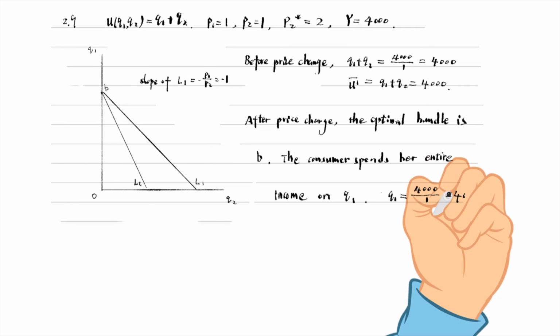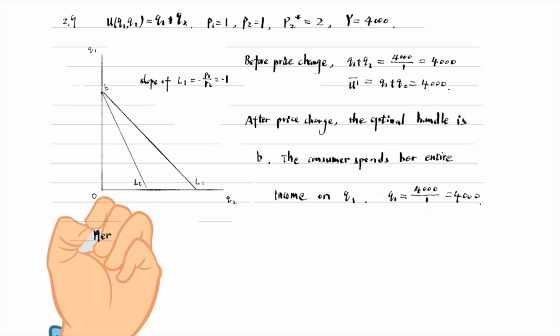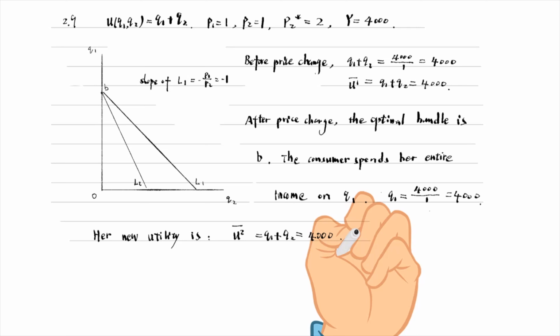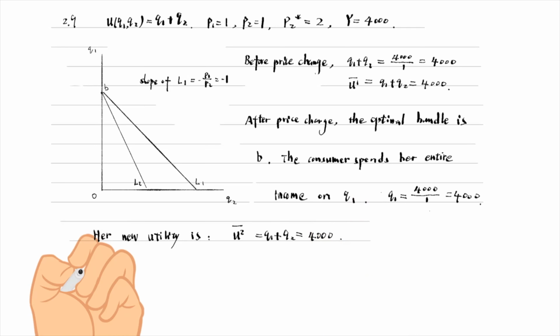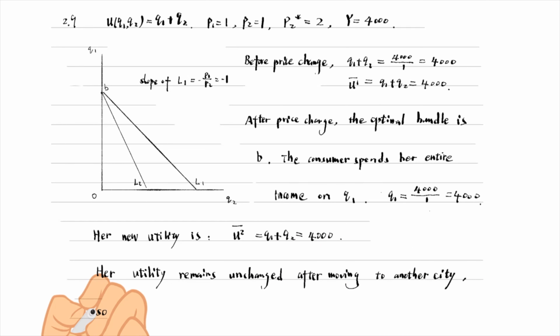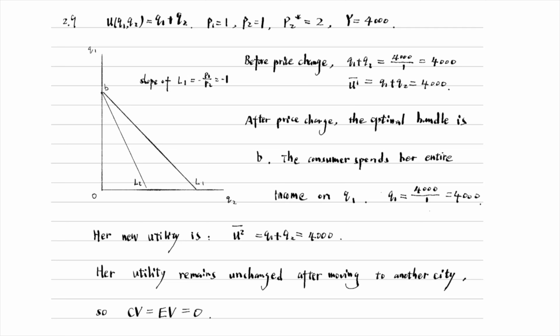She purchases 4,000 units of Q1 and 0 of Q2. Her new utility is still 4,000. Her utility level remains unchanged after moving to another city, so the compensating variation and the equivalent variation are both 0.